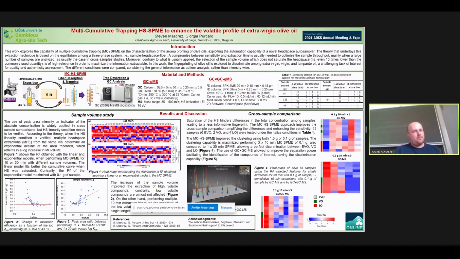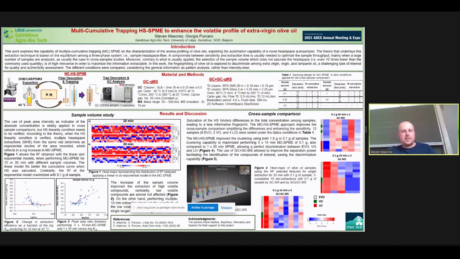What you can see is that we improve the extraction for low KOA, so for the most volatile compounds, more present in the headspace. But with a higher amount of sample, there is no effect on the most semi-volatile compounds.